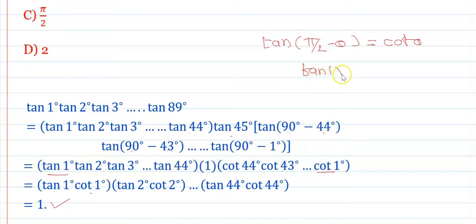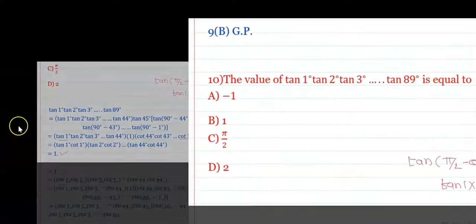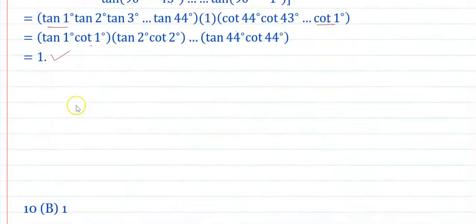Tan of 1 into cot of 1 means what? Cot of 1 means what? 1 upon tan of 1. Okay, this tan of 1 gets cancelled, and hence you will get the answer is 1. And in this way overall the answer is 1. Which option is it? The option B is the correct one.